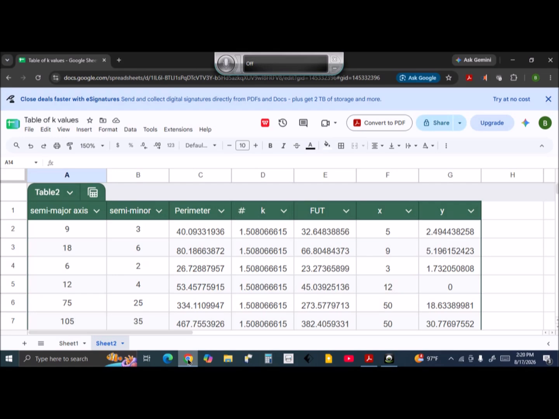So at any multiple of the semi-minor axis, K will repeat the same value. So let's see it in the table.